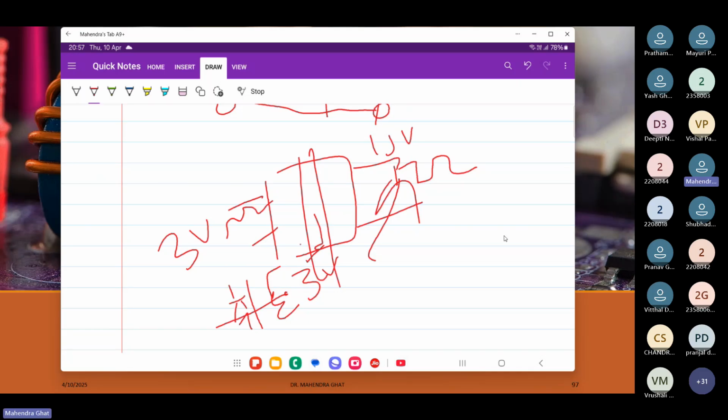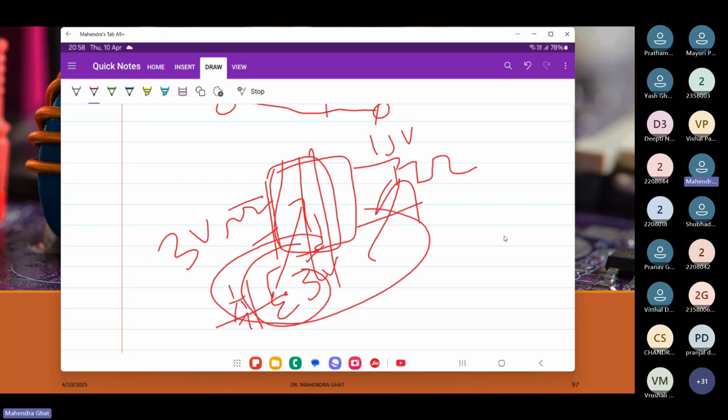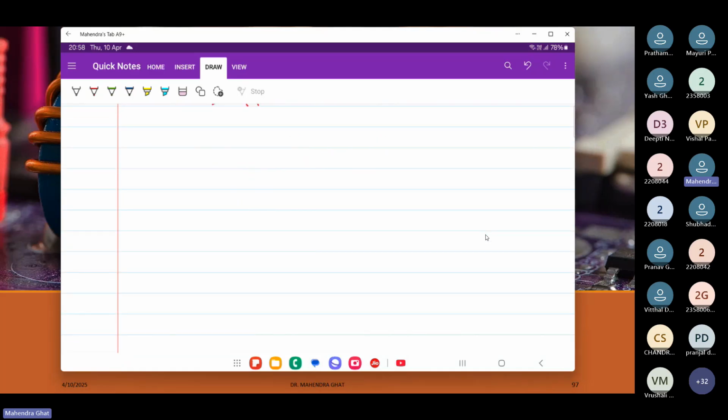All these things are now already integrated into a single chip. Okay, sir. So we don't require all these things outside; directly we will have the chip which gives all that. Clear?